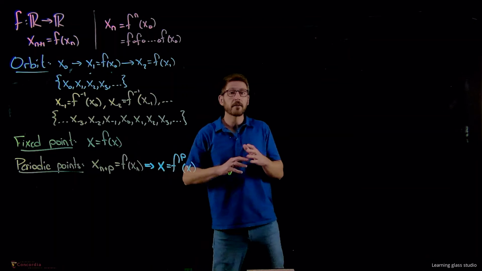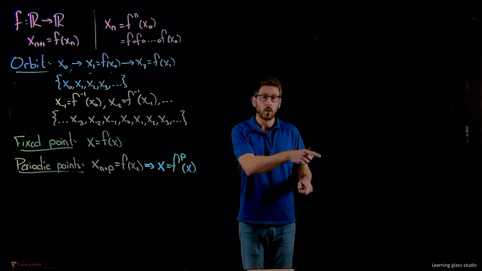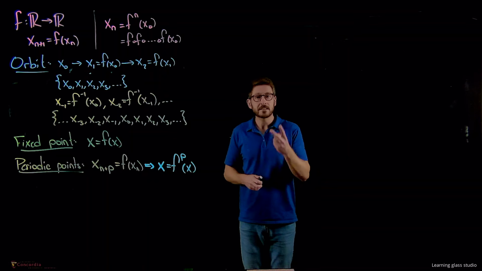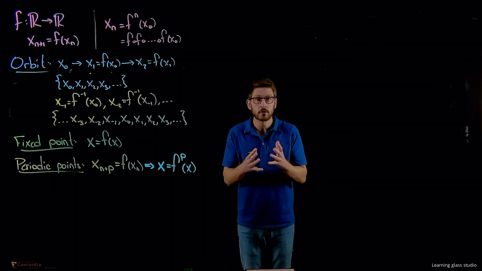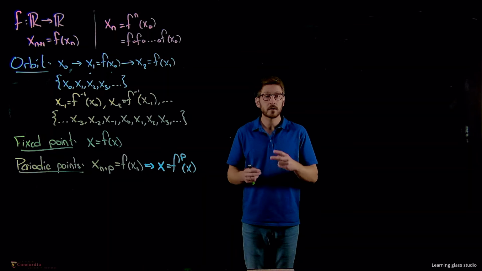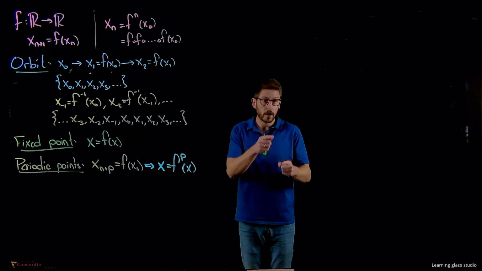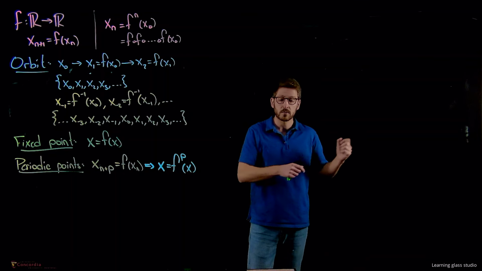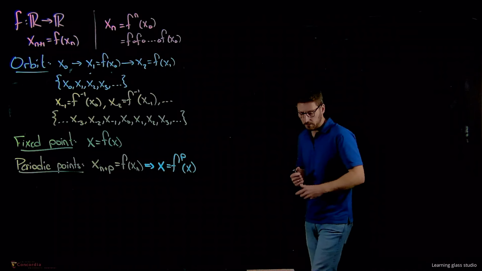But imagine you have a sequence that looks like 1, minus 1, 1, minus 1, 1, minus 1. Then it takes 2 iterates, or 2 steps through the orbit, in order to repeat. So we would say the prime period of that periodic point is 2. If it went 1, 0, minus 1, 1, 0, minus 1, 1, 0, minus 1, that is a period 3 orbit, prime period 3.